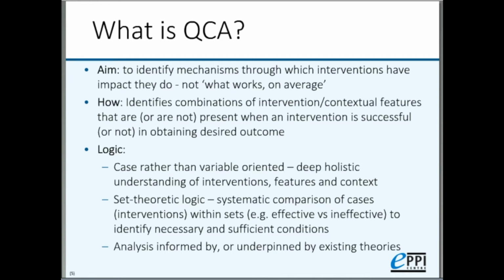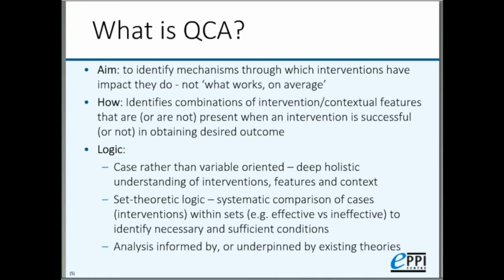So you almost have to cast your mind back to some of the Venn diagrams that you may have been interacting with during high school to try and think through the logic of QCA. It has a case-oriented approach rather than a variable-oriented approach, which distinguishes it from meta-analysis and allows for a deep understanding of the complex configurations of conditions that trigger a successful outcome.